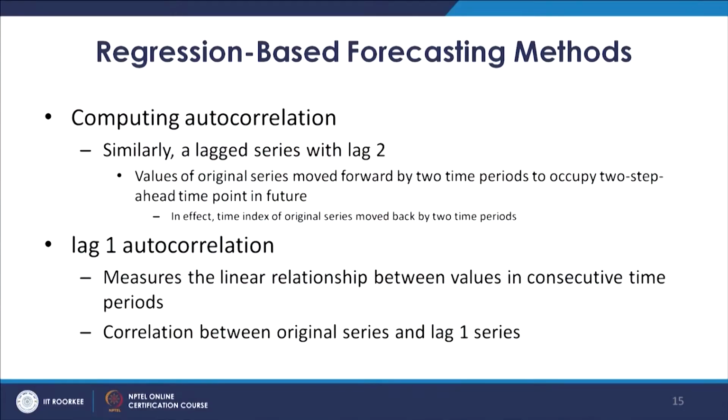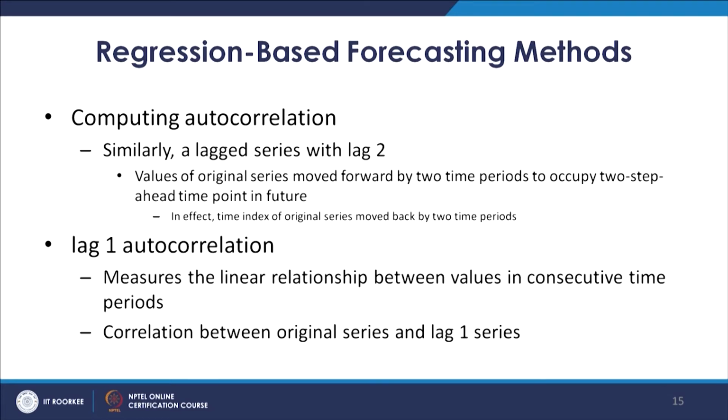So, the value at the current time t is going to be the value that you had at time t minus 2 in the original series. In that sense, a lagged effect is created. The same thing we can understand from the time index: if we move the time index of the original series, we get the same effect.